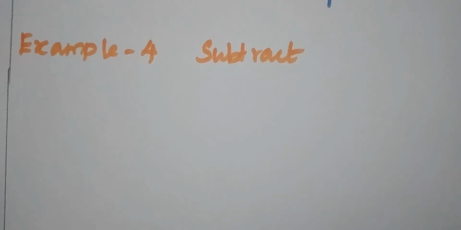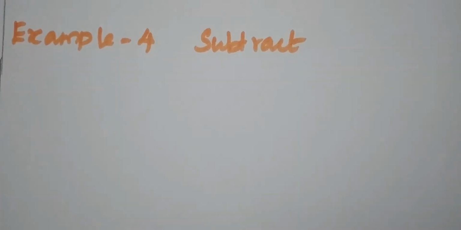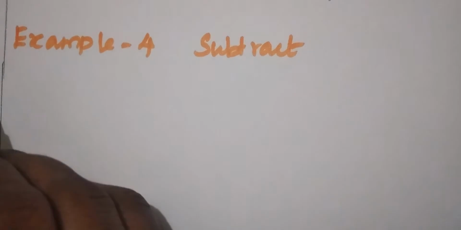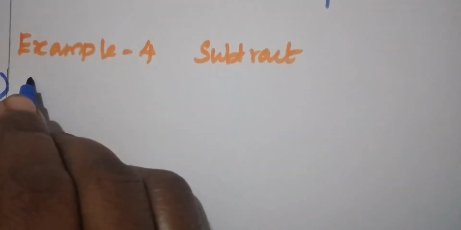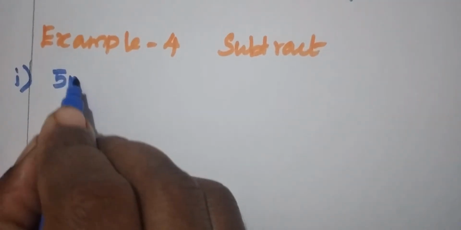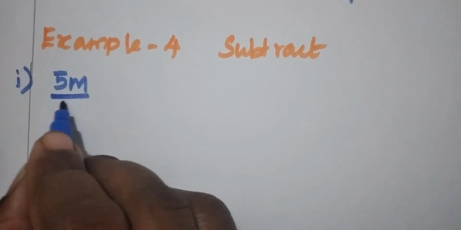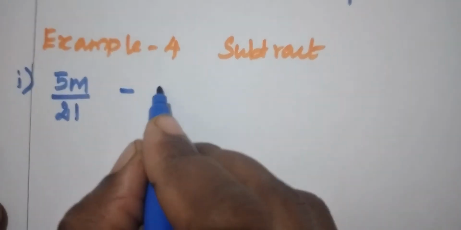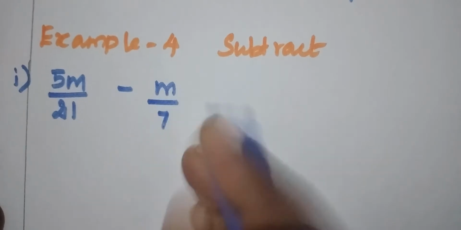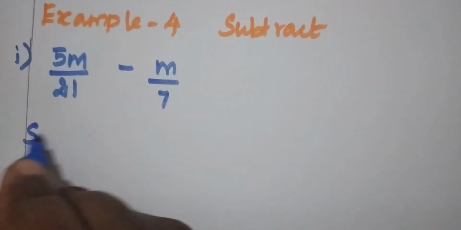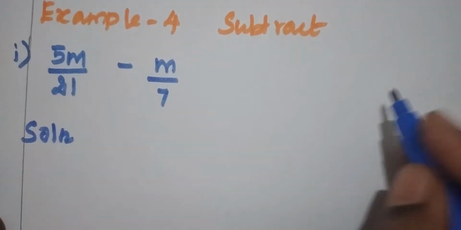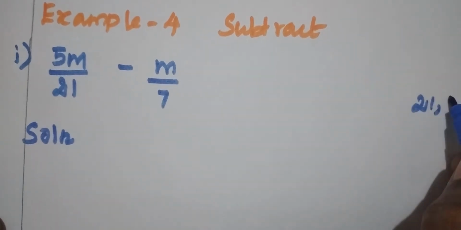Example 4. Subtract the following algebraic expressions. The first one is 5m by 21 minus m by 7. So the first step is you have to take LCM for the numbers 21 and 7.